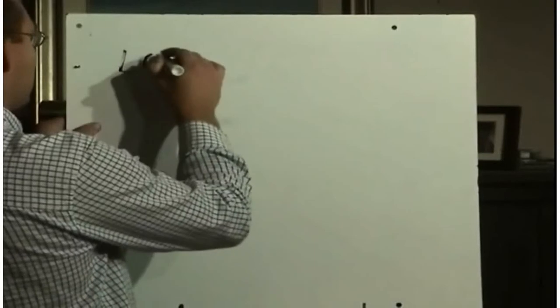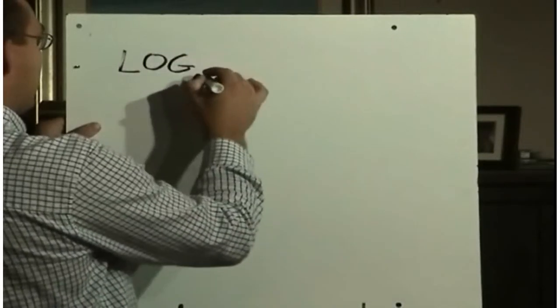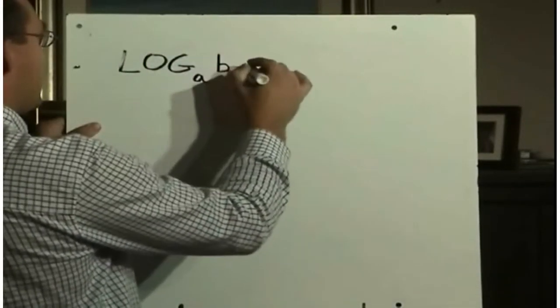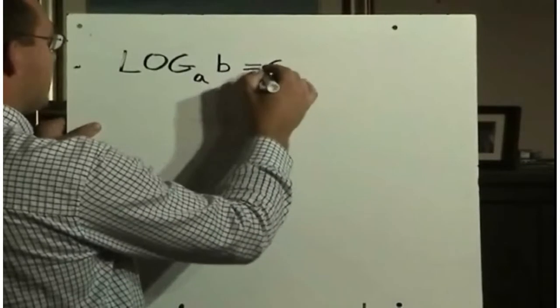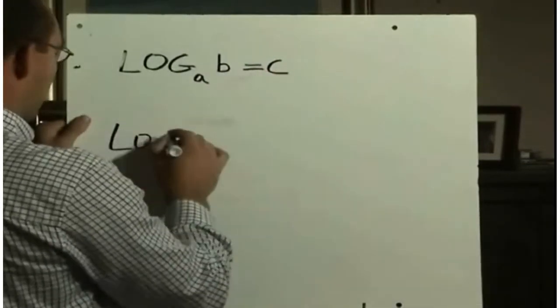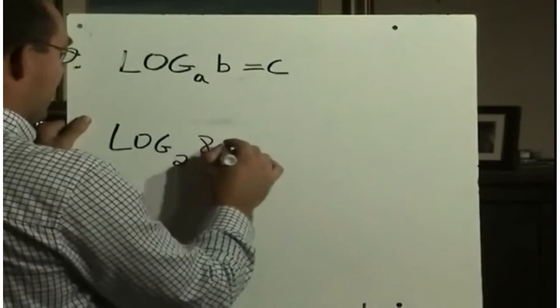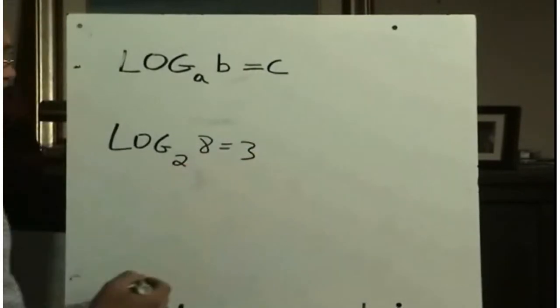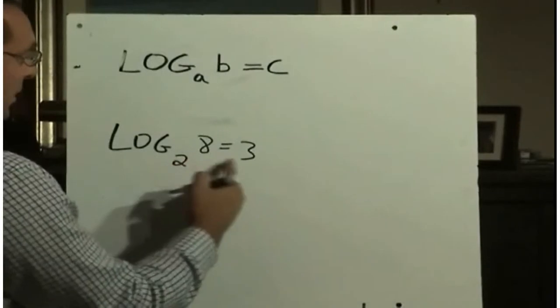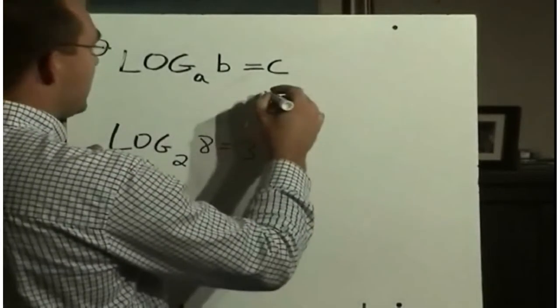So just to review how exponents work and logarithms work, if we had log base a of b equals c, so in other words, as an example, log base 2 of 8 equals 3, which is true because 2 to the power 3 equals 8. What does this mean?